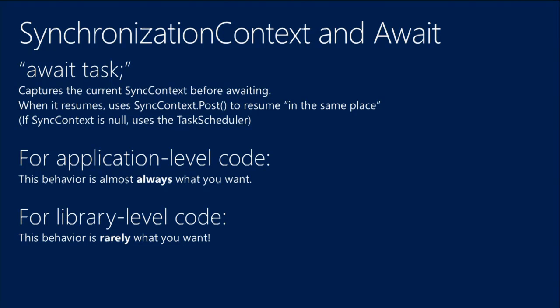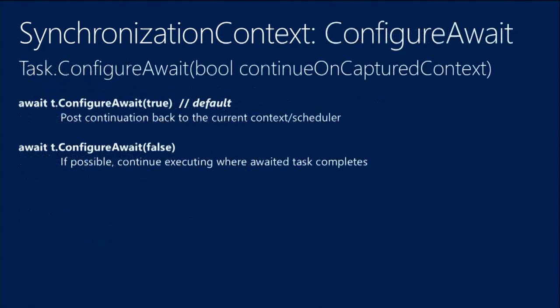And as I said, synchronization context has become the core way that await resumes where it left off. What do I mean by that? If the user writes await task, the first thing it does when it executes the await operator is it captures whatever was the current ambient synchronization context.